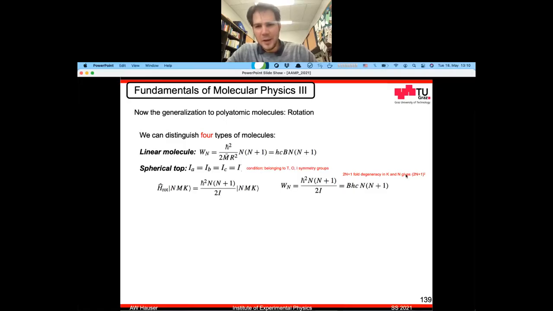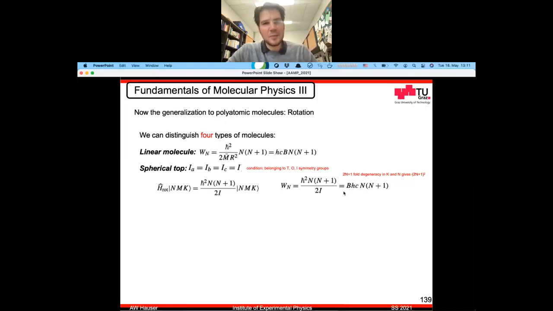We simply have a term that looks basically identical. We have B, the rotational constant, then this h times c, to have it converted into joule again, and then n times n plus 1. The only difference is how we calculate B. B is again our rotational constant, which is basically inverse to the moment of inertia. And for the spherical molecule, we have to know its moment of inertia.